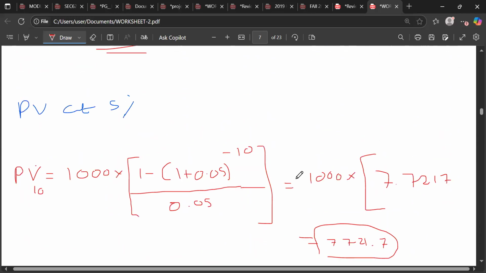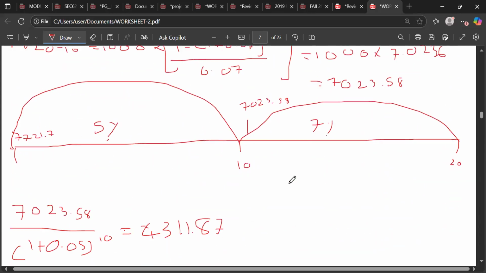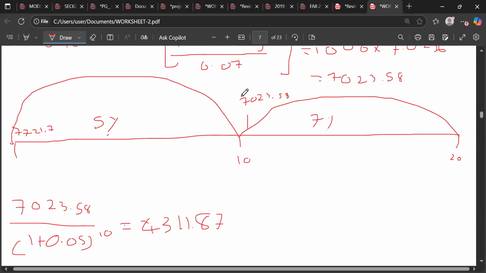So this is how you present value this part here. This amount is now worth 4,311.87 at this point.